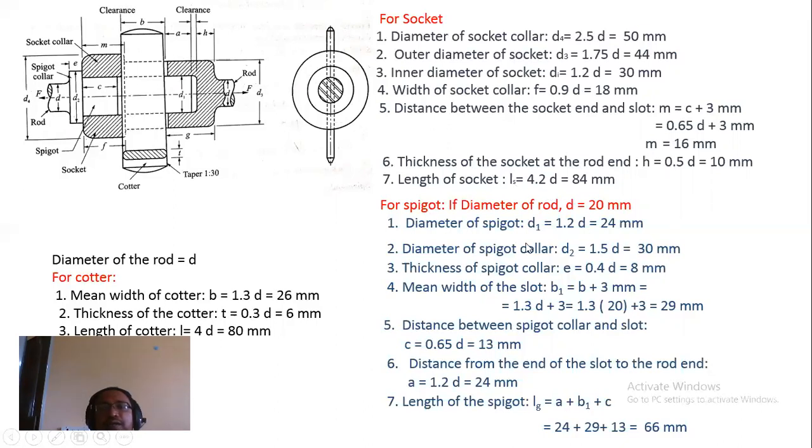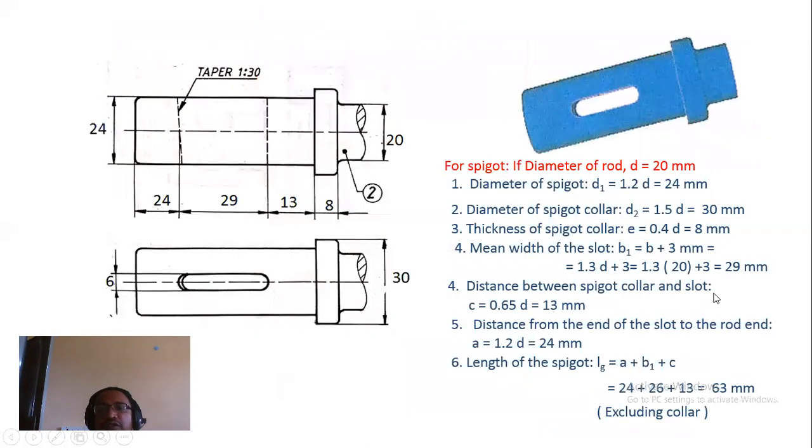In the spigot, the diameter of the spigot, diameter of the spigot collar, thickness of the spigot collar, mean width of the slot, distance between the spigot collar and slot, and distance from the end of the slot to the rod end. These values should be remembered.